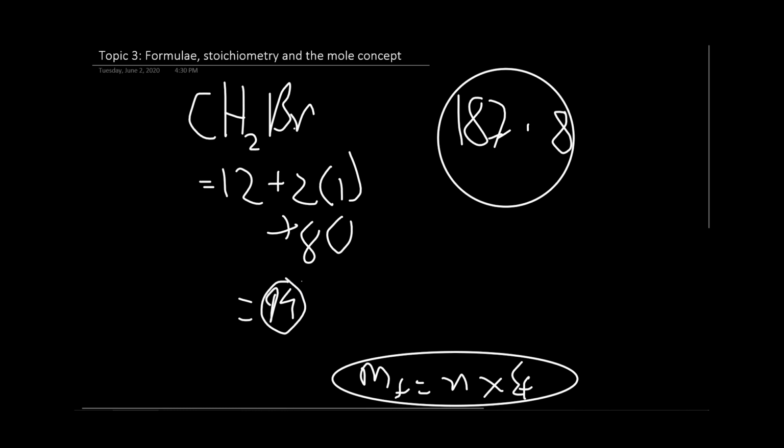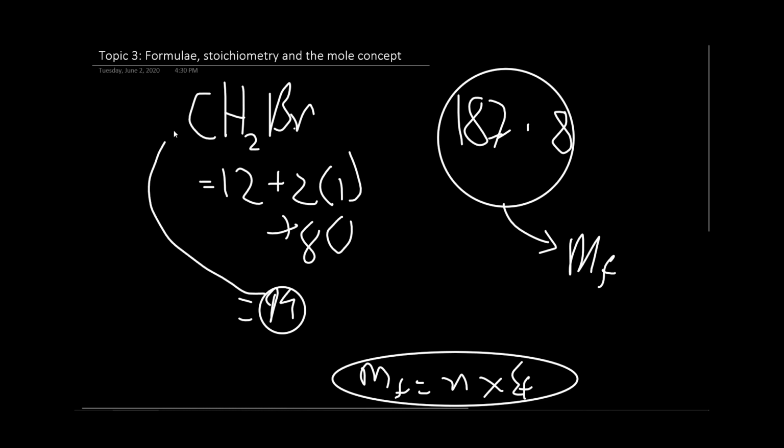This is the molecular mass of your empirical formula, and this is the molecular mass of your molecular formula. Since this is coming from the MF, we can consider this as our MF for this problem.